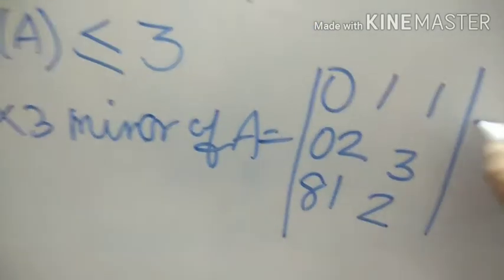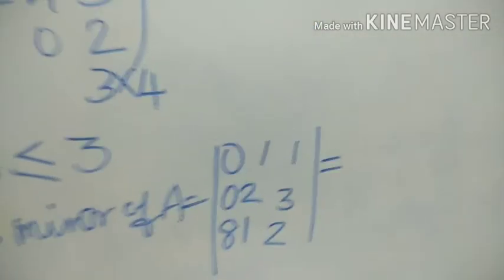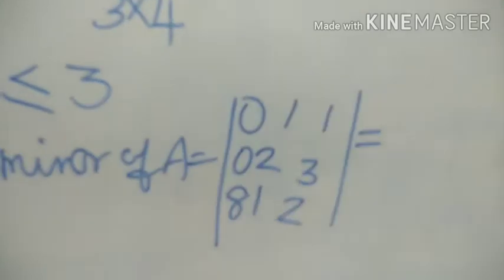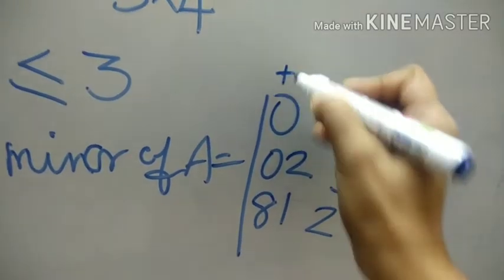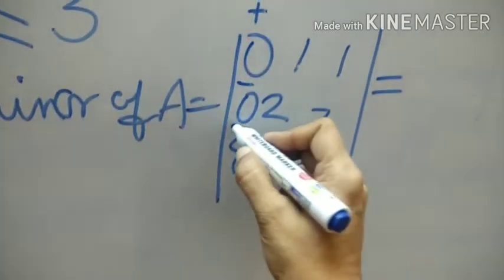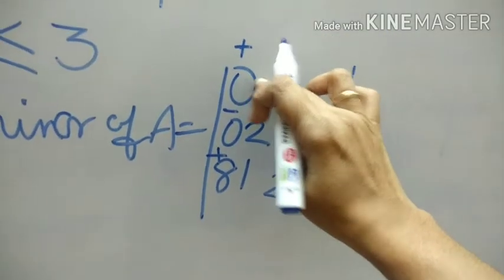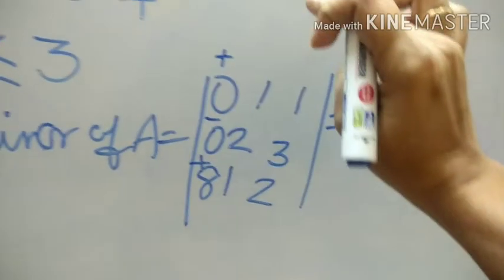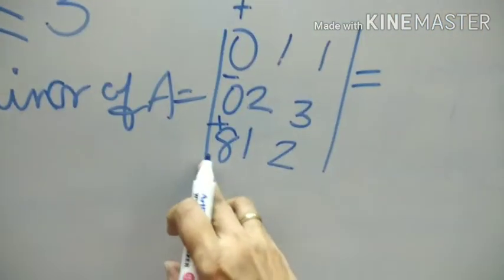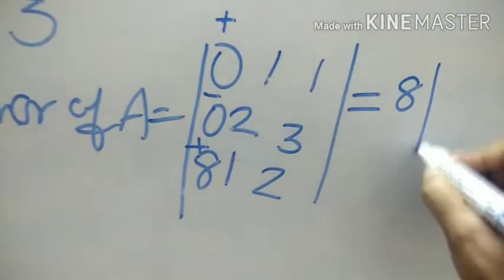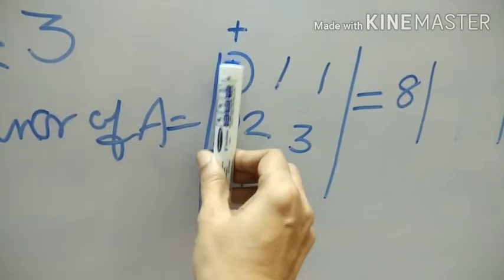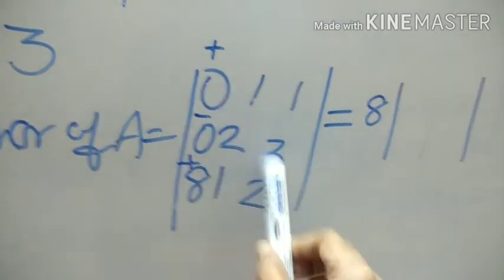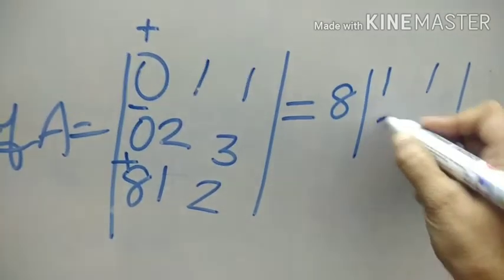Expanding the determinant, whenever I expand, where there are more zeros, go with that. First column contains more zeros. The symbols will be plus, minus, plus. 0 into anything is 0, 0 into anything is 0, which you can ignore. The last one I have 8 into. Where is 8 coming from? Third row, first column. So I am left with 1, 1, 2, 3.